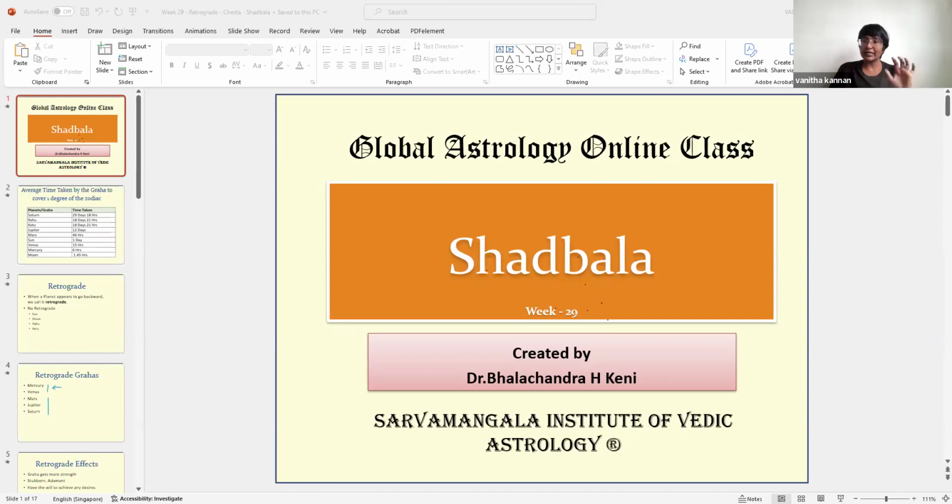Basically, the Drikbala calculates the strength of the planet by adding up the supportive and the harmful effects. If the aspect of a malefic weakens the planet, that is, if a malefic planet is seeing the graha, then it weakens that planet.